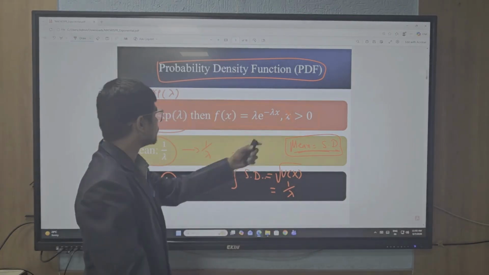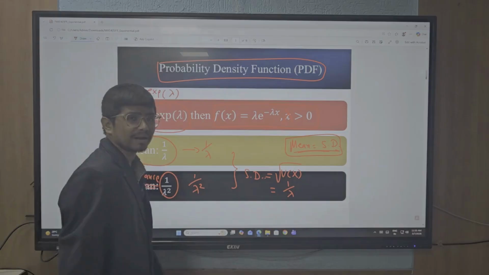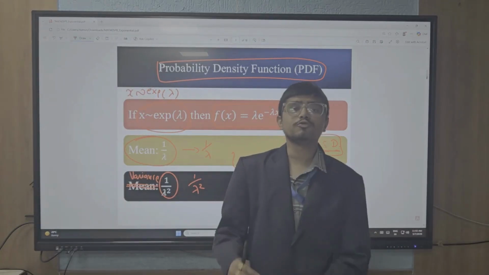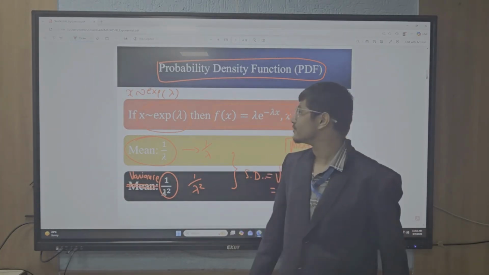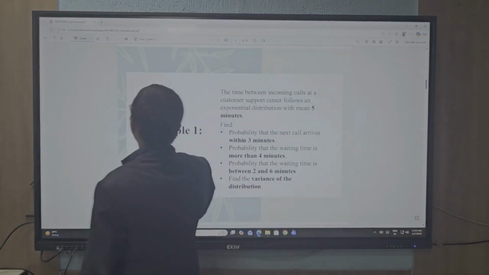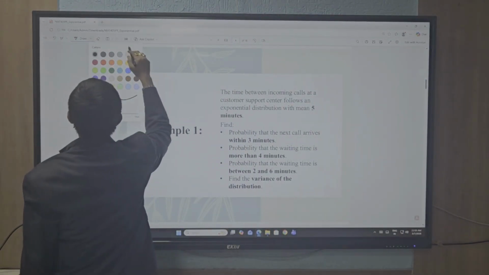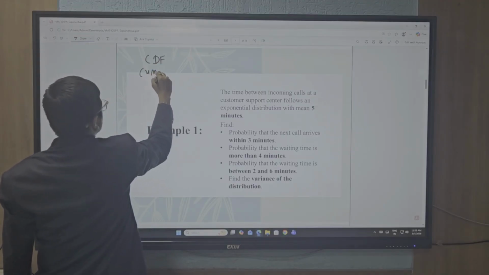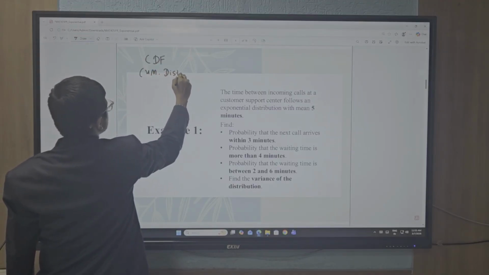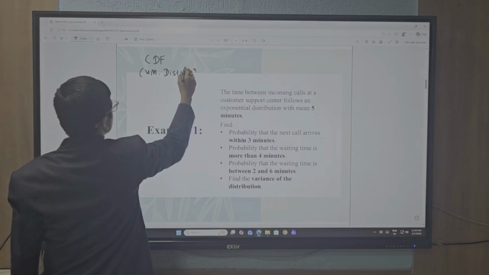Now let's understand the practical things. Before starting, we have one formula regarding the CDF, the cumulative distribution function.